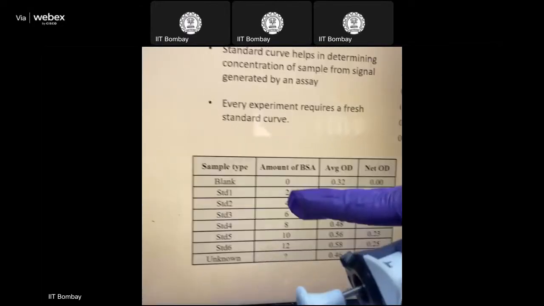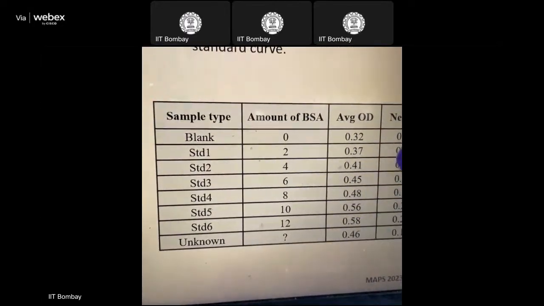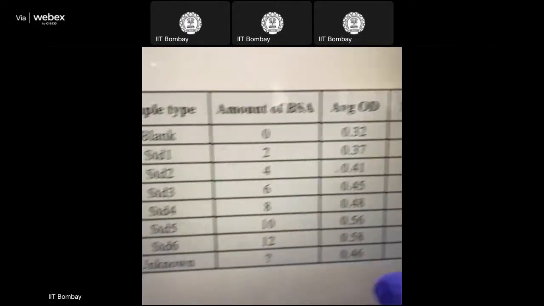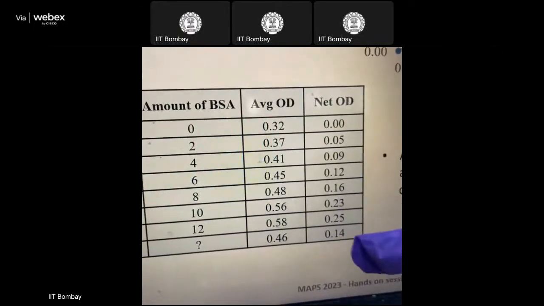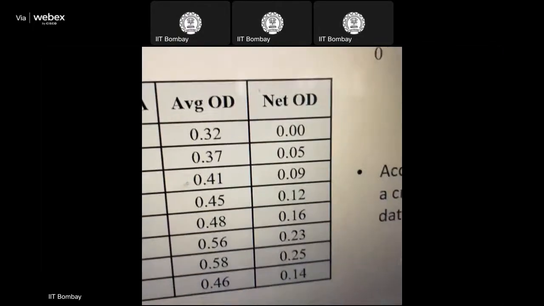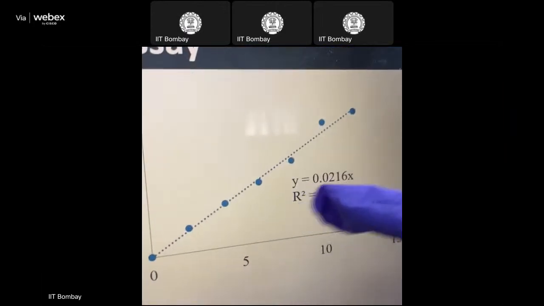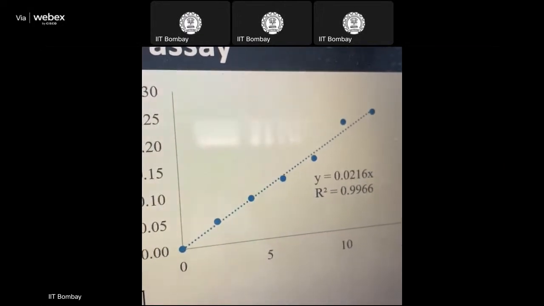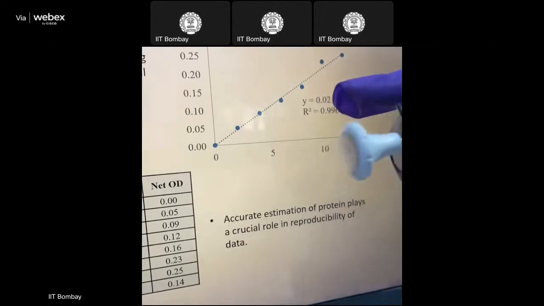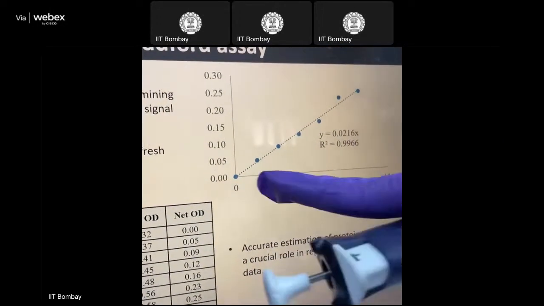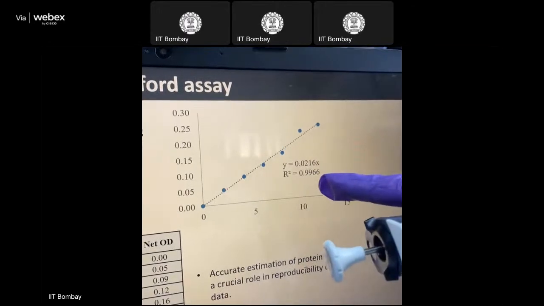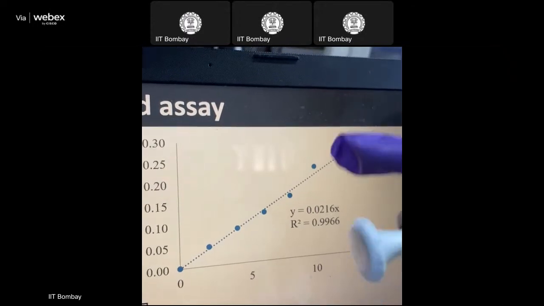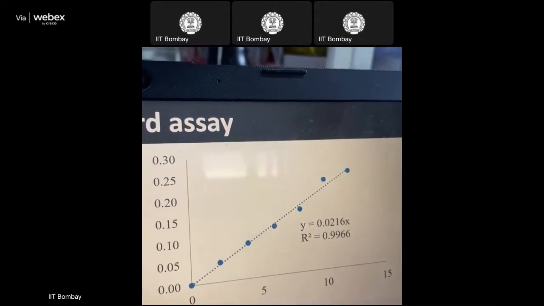You can see that here is the amount of BSA that we know, and the average absorbance we have got, and the net OD, and for the unknown samples which we added, it is giving 0.14. From this curve and the slope you get, you will calculate your unknown values for x. Also, for the standard curve we should have a good R square, which shows that our experiment is fine, and then we can easily calculate an accurate estimate of the proteins.